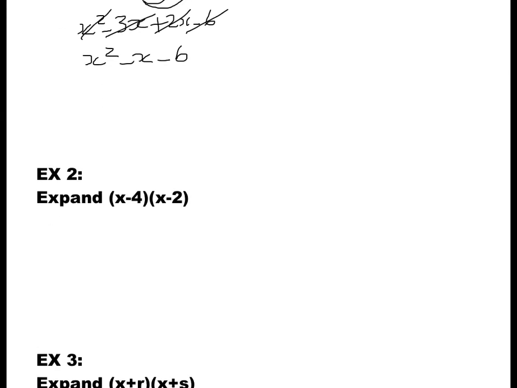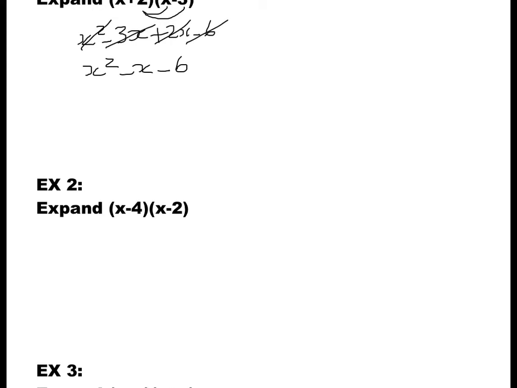The second example asks us to expand x minus 4 times x minus 2. The same way, I'm going to multiply x within the second bracket and negative 4 again in the second bracket.